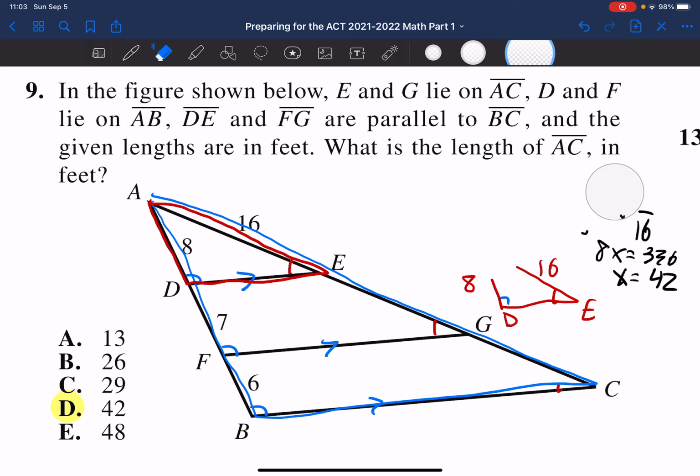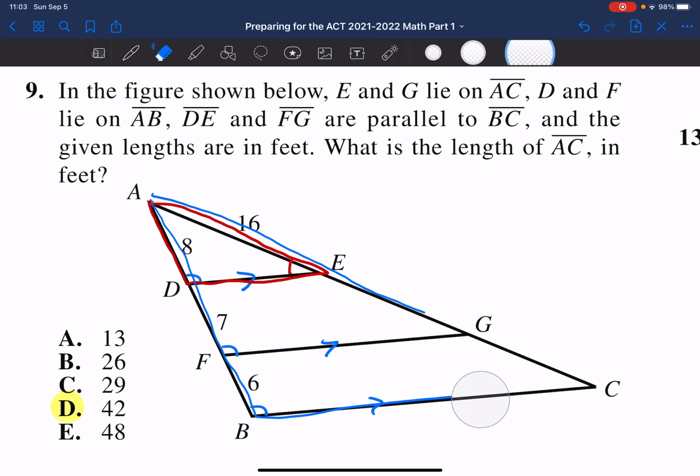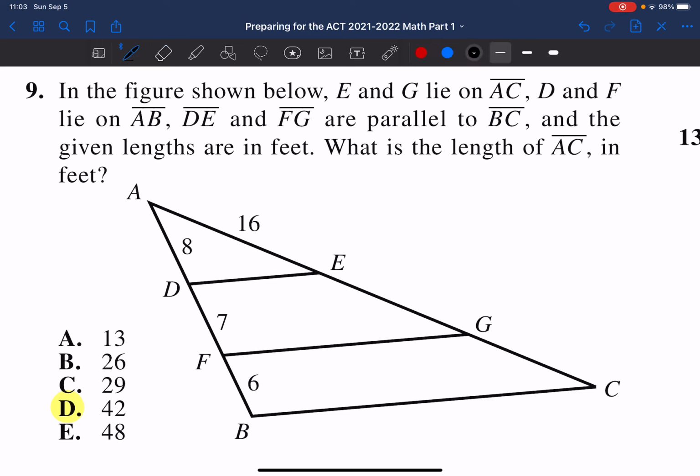The other way to think about it is like this. So if you like the first way of doing it, just do it that way. Or you can think about it this way as well. Anytime you have lines that are parallel like this, then this relationship that you see from here to here is going to be a similar relationship here and a similar relationship here.